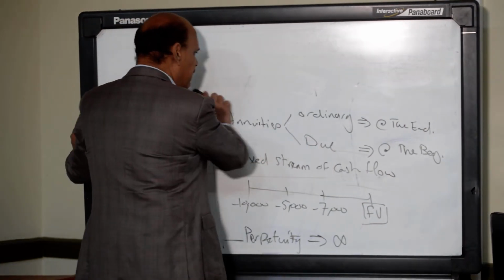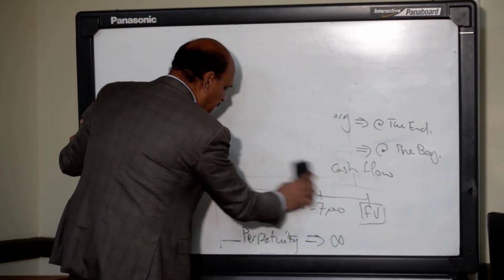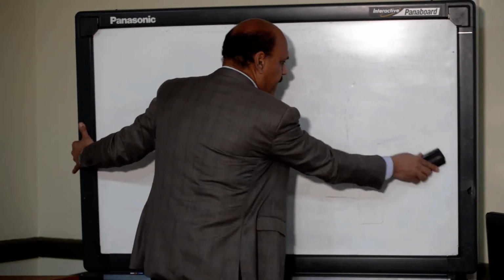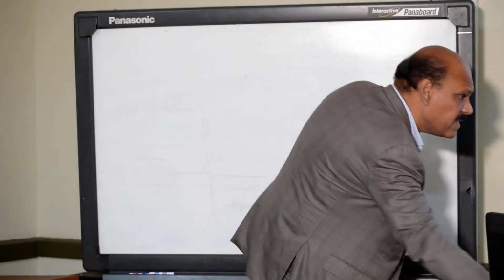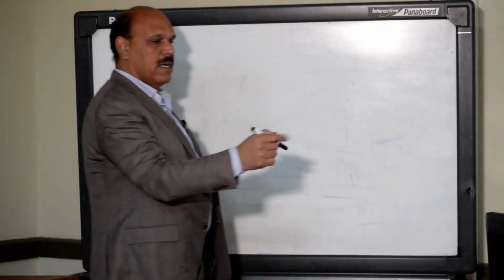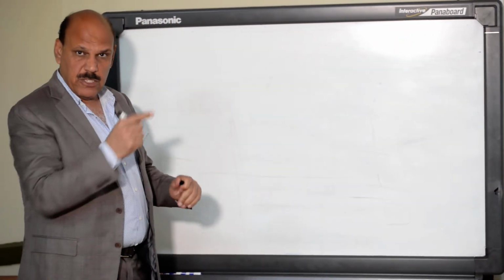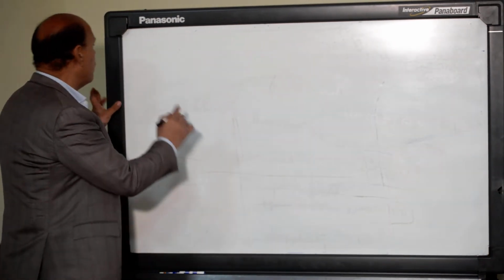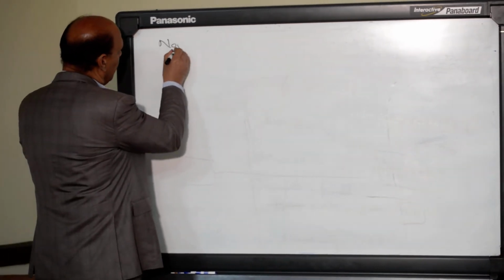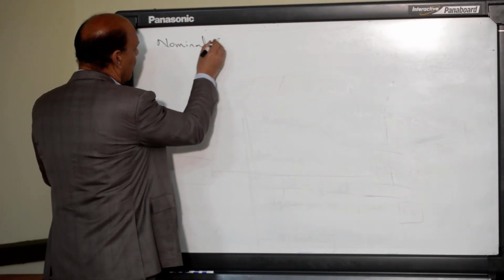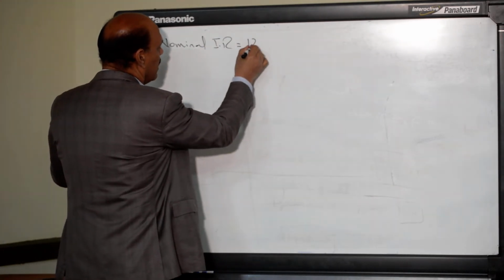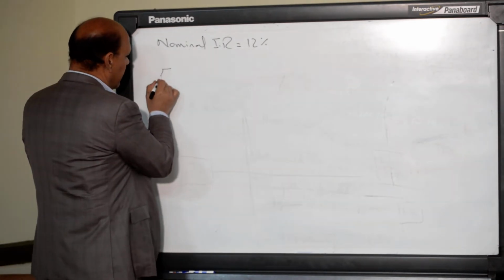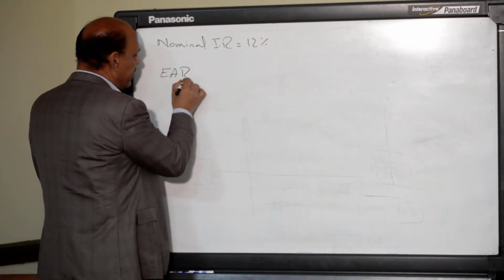Let's take this example, much easier than the example that we have in the lecture notes, but you have the lecture notes as well, and you can look at that example. What if the nominal interest rate equals 12%?